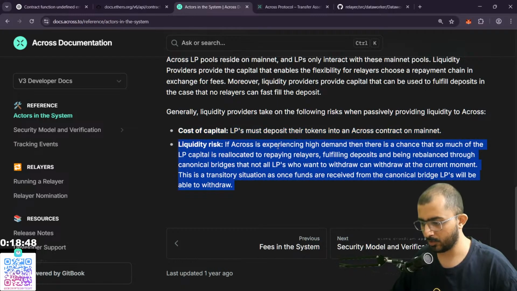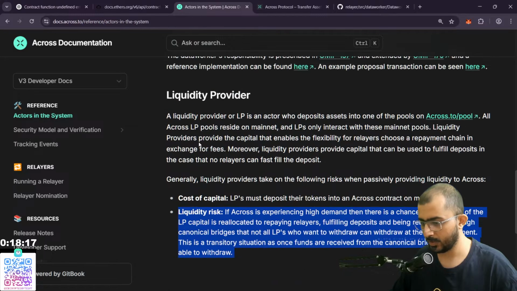Liquidity risk: if Across is experiencing high demand, then there is a chance that so much of LP capital is reallocated to repaying relayers, fulfilling deposits, and being rebalanced to canonical bridges that not all LPs who want to withdraw can withdraw at the current moment. This is a transitory situation, as once funds are received from the canonical bridge, LPs will be able to withdraw. Okay, that's not an issue.